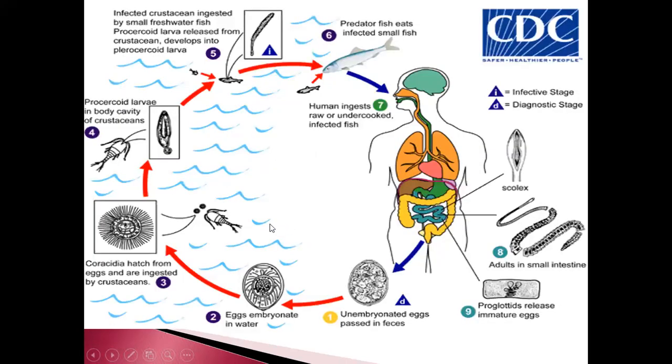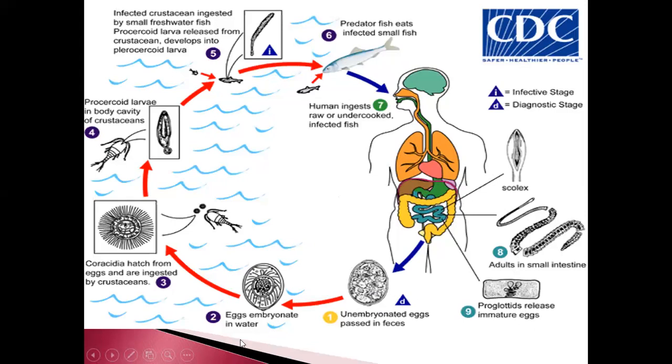If you see, this is the main cycle of this. When humans eat uncooked raw fish, the larvae mature in the gut, and they become adults with a length of 10 meters, and then they release immature eggs, which are released into fresh water.